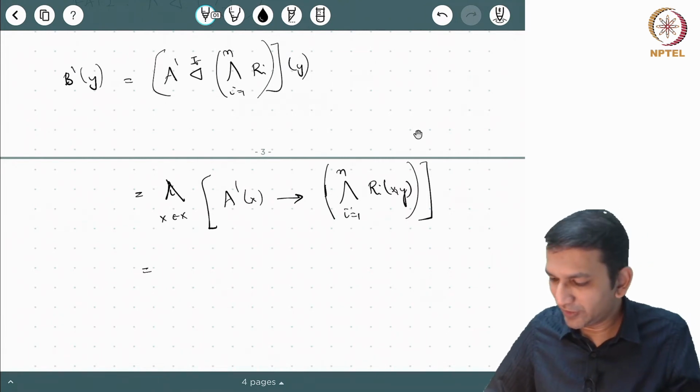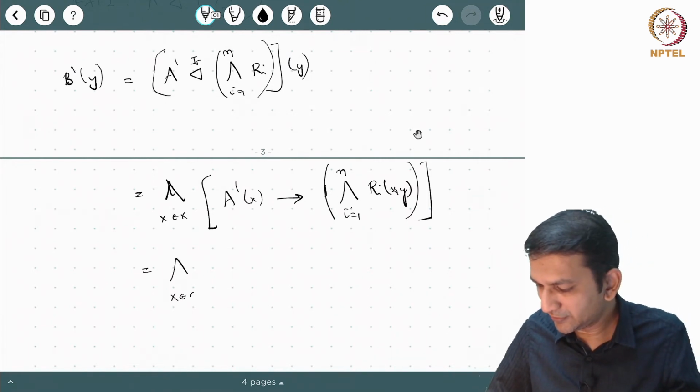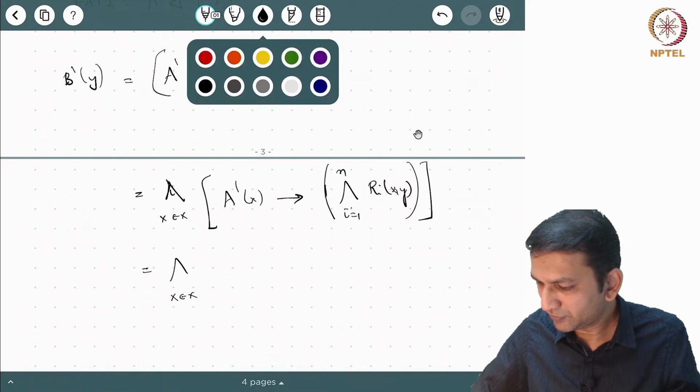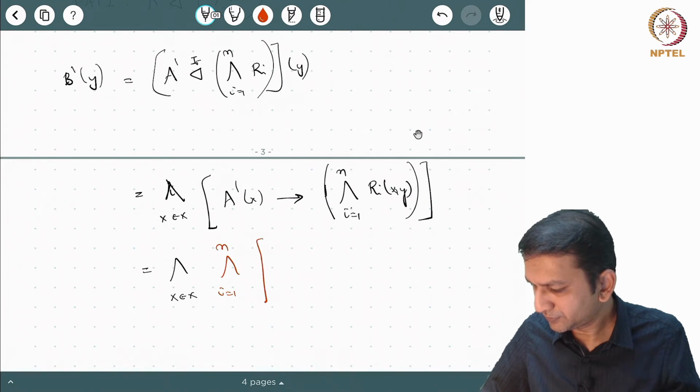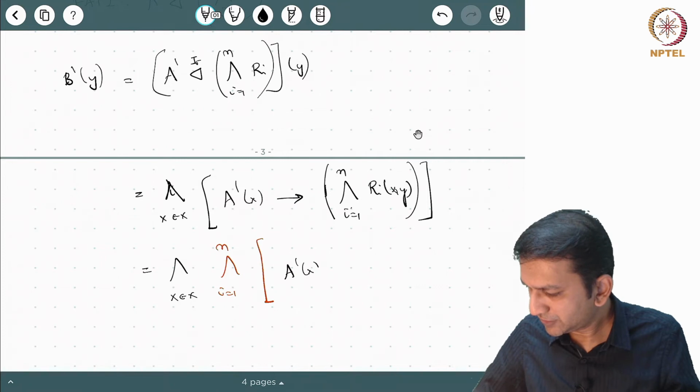So once again, we can pull this outside and write it as A dash of x implies Ri of x,y.